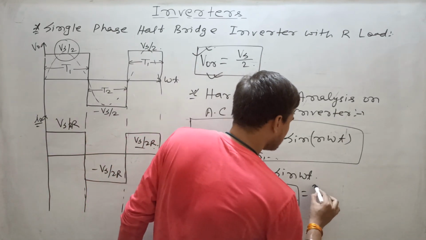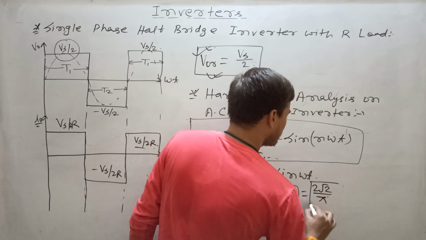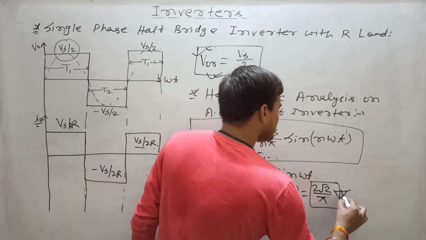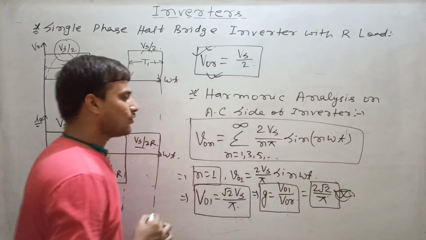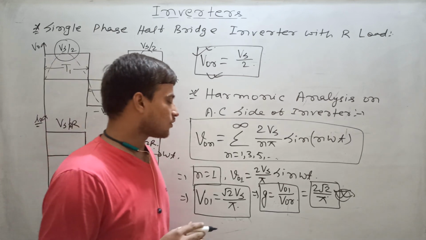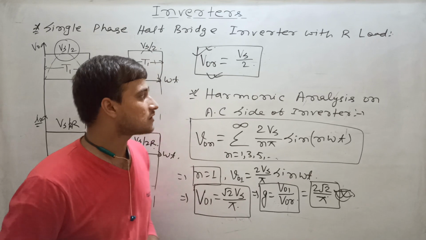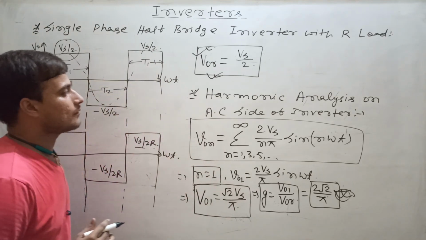From here you will get 2 root 2 divided by pi. This expression is already known to you. In the case of every square waveform, you will get distortion factor equal to 2 root 2 divided by pi.